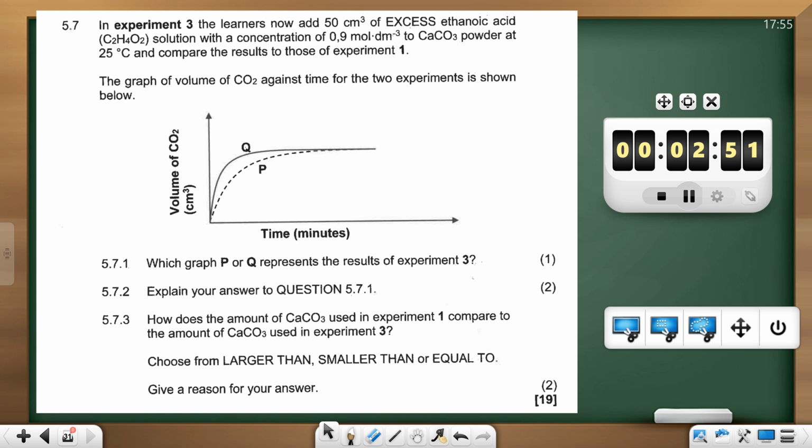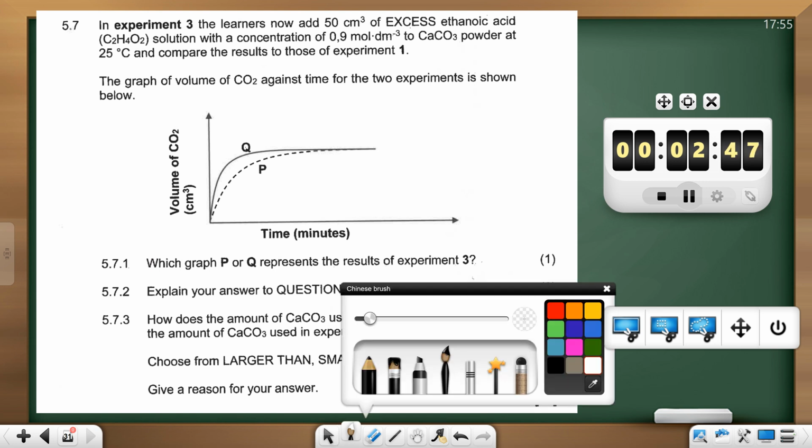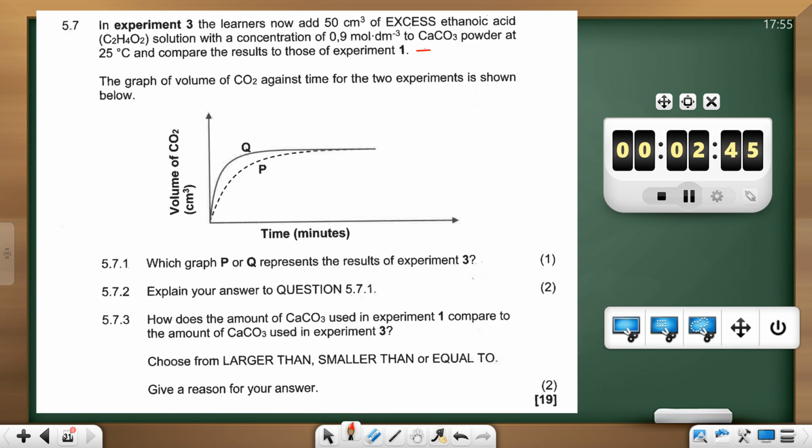So experiment 1 has 0.9 moles per dm cube HCl, and it used 5.28 minutes. The graph of carbon dioxide produced for both experiments is the same. All right, beautiful. Do you know why it's the same?